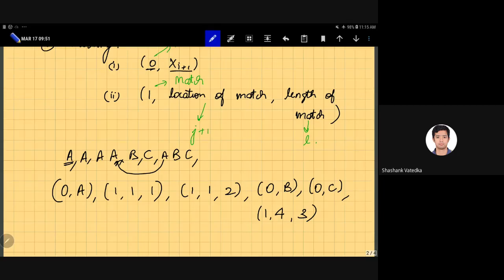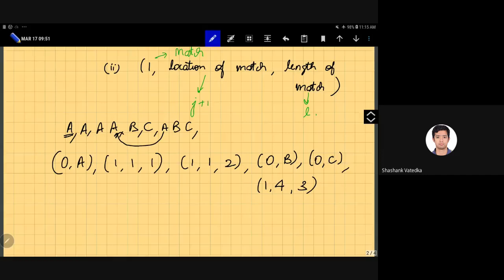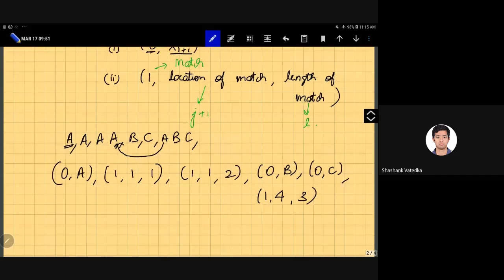Okay, so let us perhaps think about it. So how many bits, if we used fixed length encoding for each phrase, would we require to encode each phrase?